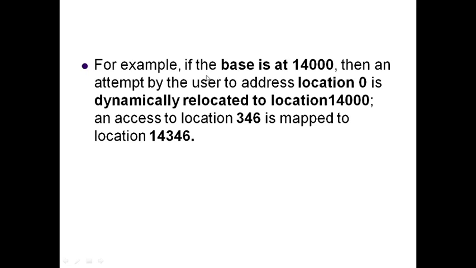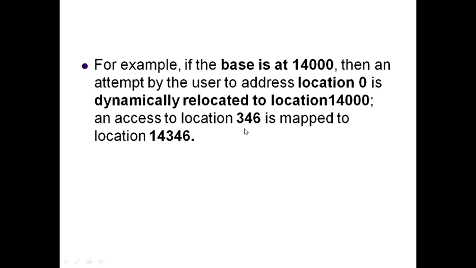So this is an example from the OS. If the base is at 14,000, then an attempt by the user to address location 0 is dynamically relocated to 14,000. They are just added, and an access to location 346 is mapped to 14,000 plus 346.